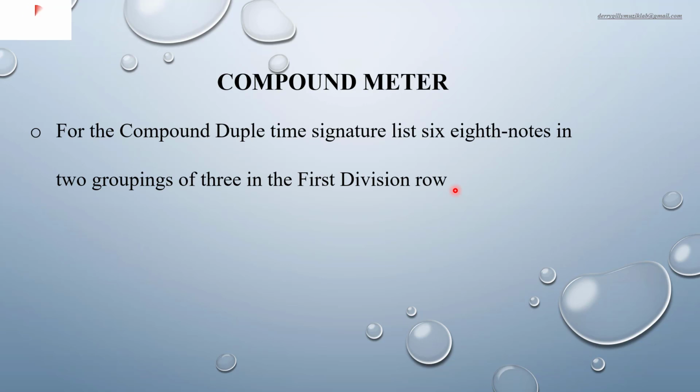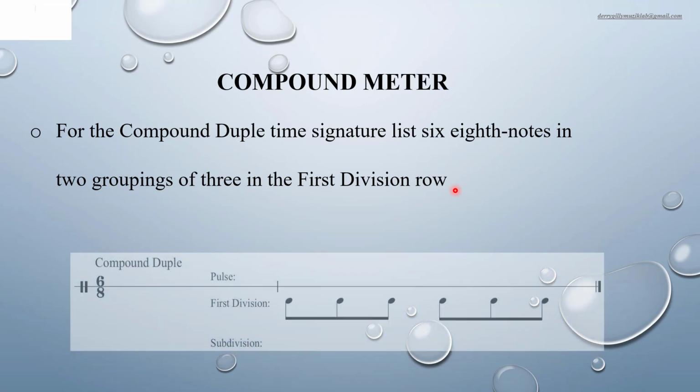So statement 3 says that in compound meter, the written time signature represents the level of first division and not the pulse. Let's look at how this works out. For the compound duple time signature, we list 6/8 notes in two groupings of three in the first row.